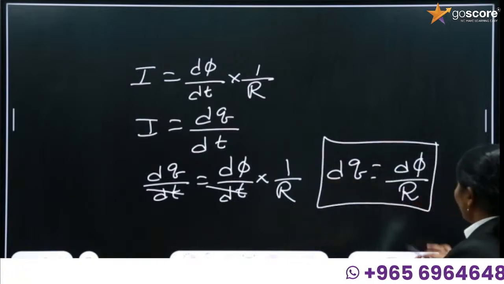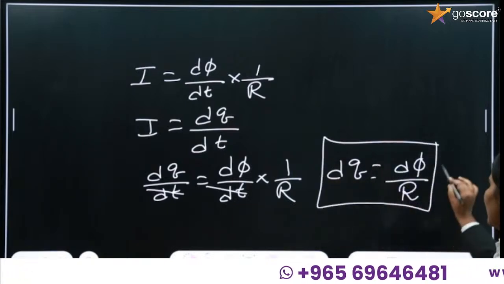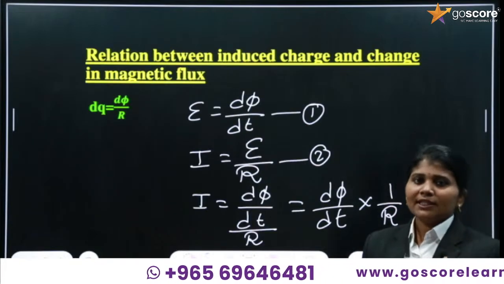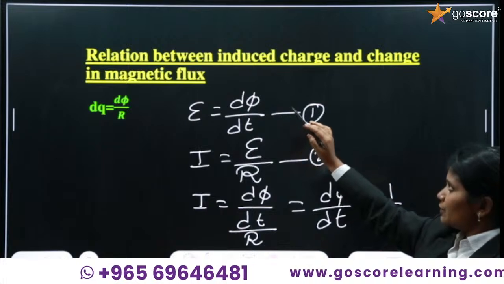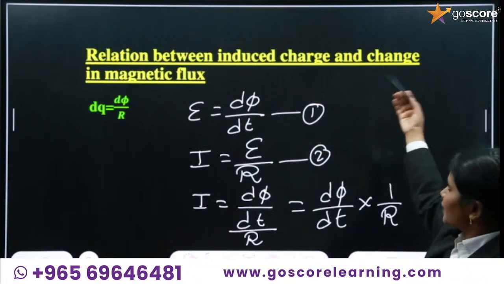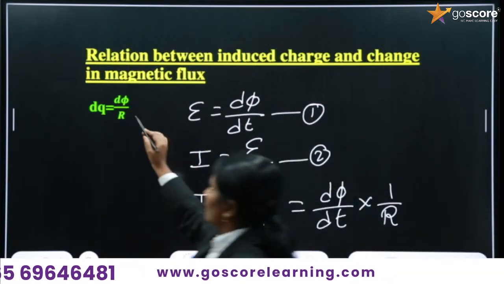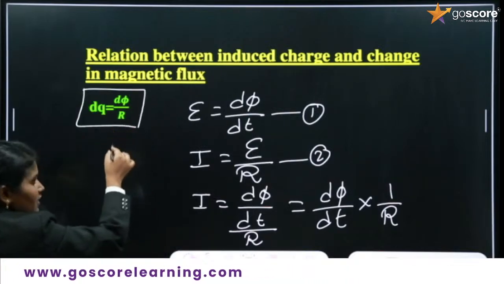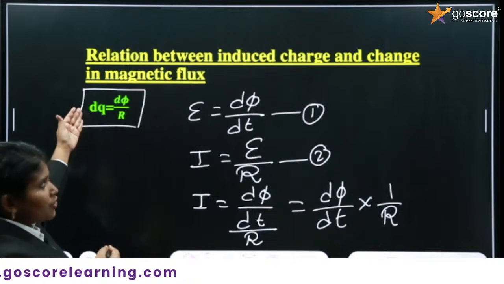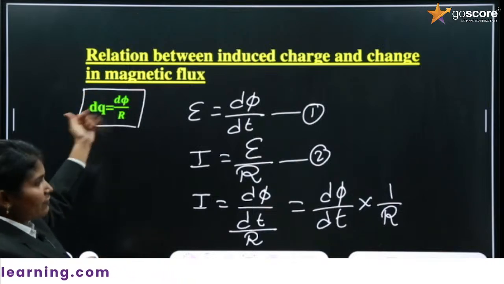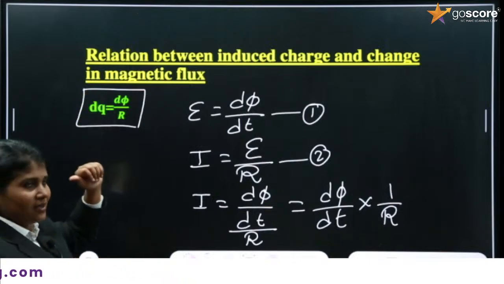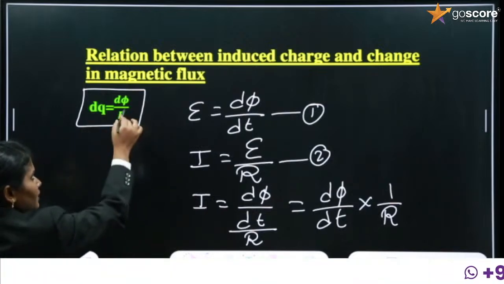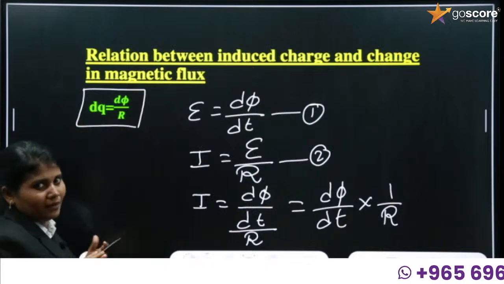Finally, we are getting dq is equal to d phi by R. So this is the relationship between the induced charge and change in magnetic flux. Change in flux is proportional to the induced charge and inversely proportional to the resistance. When the resistance is increased, the charge will be reduced.